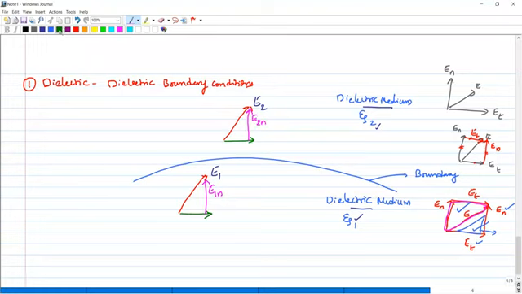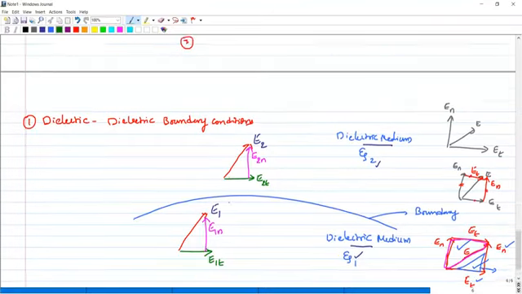Similarly, the tangential component of E1 will be E1 suffix t, and the tangential component of E2 will be E2 suffix t. This is the way to draw the tangential and normal components for the electric field intensity in different dielectric mediums of epsilon 1 as well as epsilon 2.